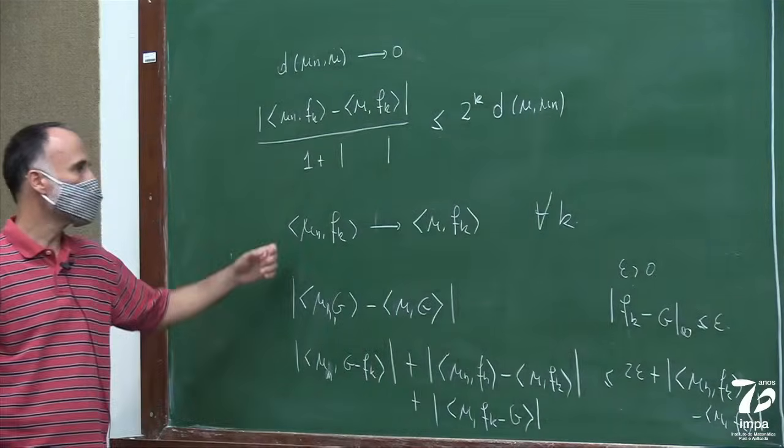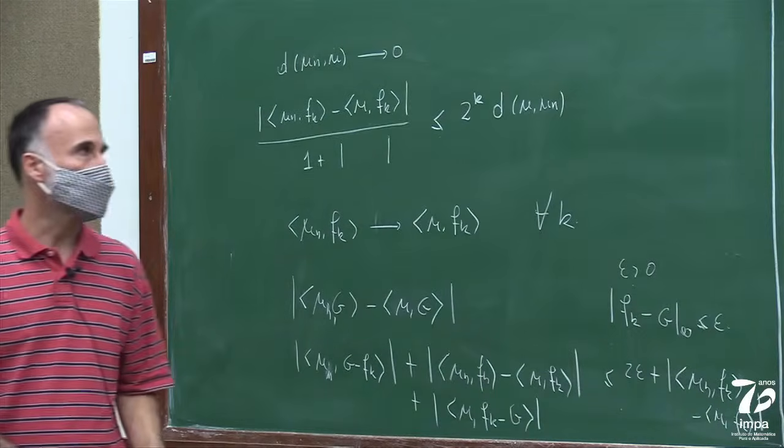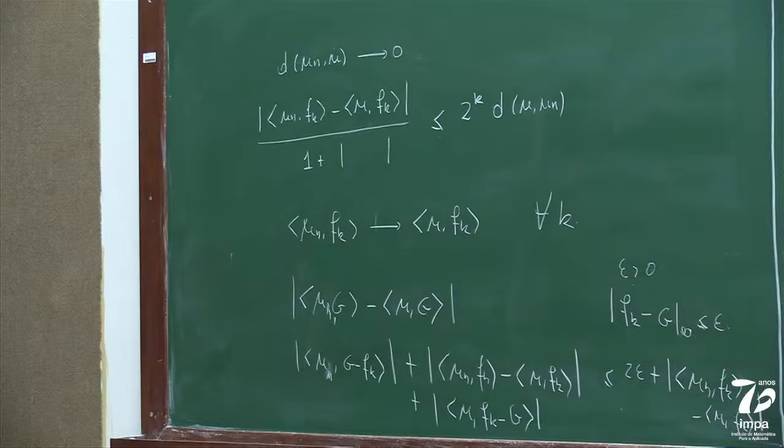But this converges to 0 because I know that mu_n f_k converges to mu f_k. So from the fact that this family is dense in L infinity and that mu have total mass bounded by 1, we get that indeed this distance is equivalent to the weak topology.